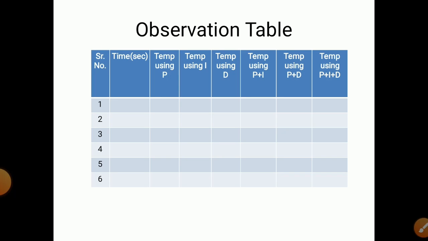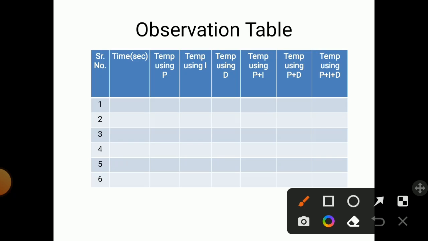I have shown the observation table here. So what do we have to do in the observation table? First of all, we have to set the value in the controller, the set point value, suppose 50 degrees Celsius. Then we have to start the heater. As we start the heater, the temperature will rise. We have to note down this temperature.